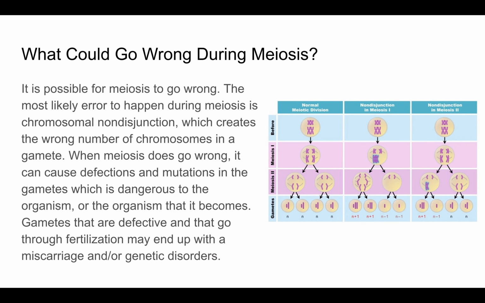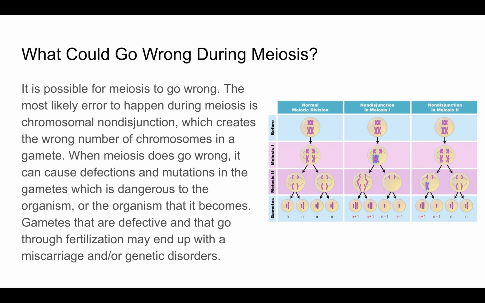And for what could go wrong in meiosis, the most likely error to occur in meiosis is what's called chromosomal non-disjunction, which creates the wrong number of chromosomes in a gamete.